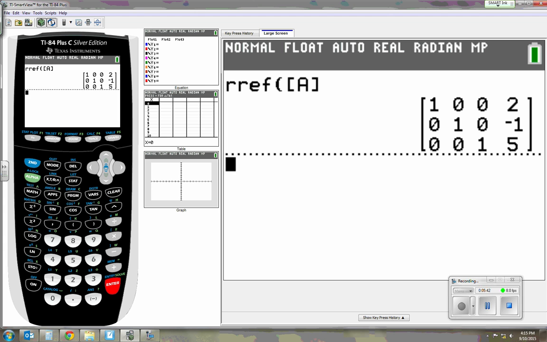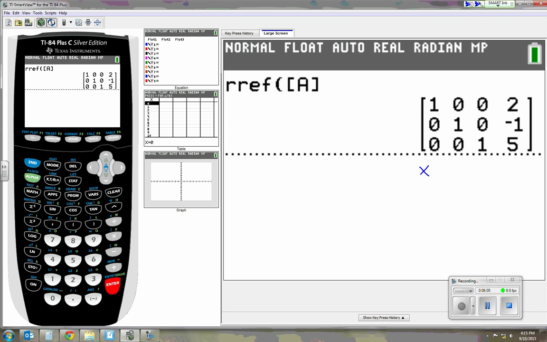And this is the reduced row echelon form. If you notice, there's a 1 for the coefficient for x, but 0 for the y and z, and then a 2. So we're going to rewrite this into a system. So the first column is x, second column is y, third column is z, fourth column is your answers.